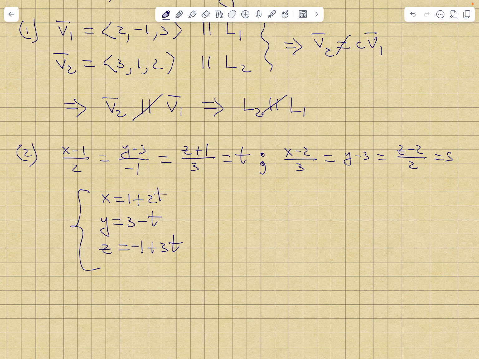And for the second line, x is equal to 2 plus 3s, y is equal to 3 plus s, and z is equal to 2 plus 2s.